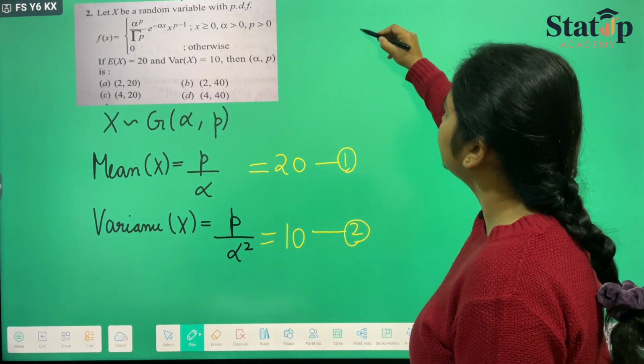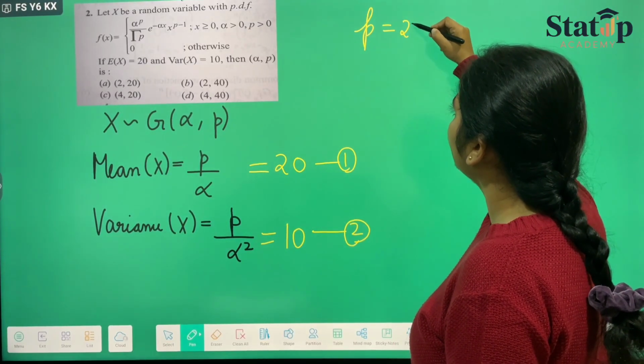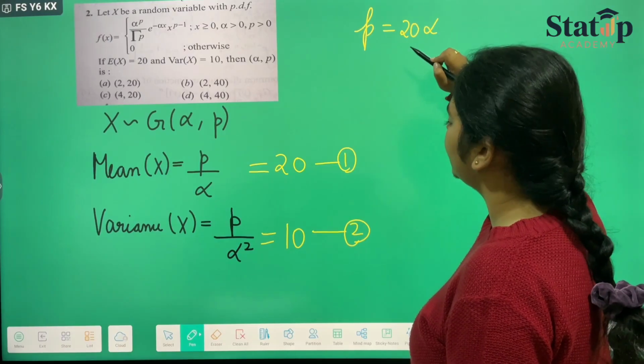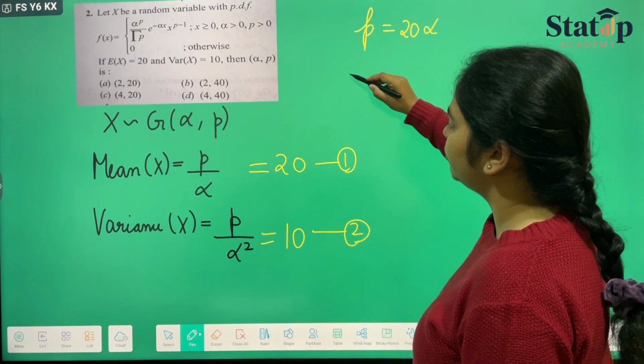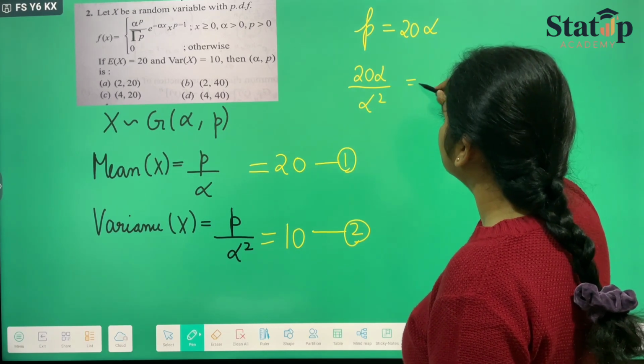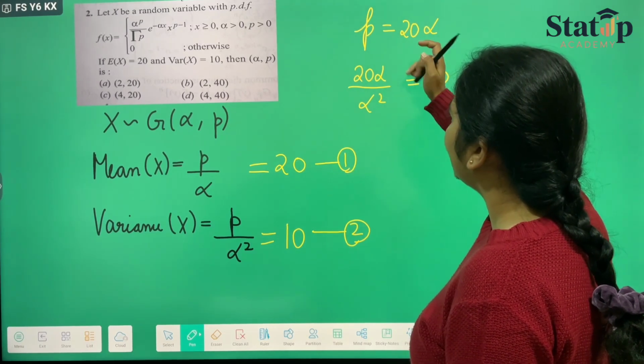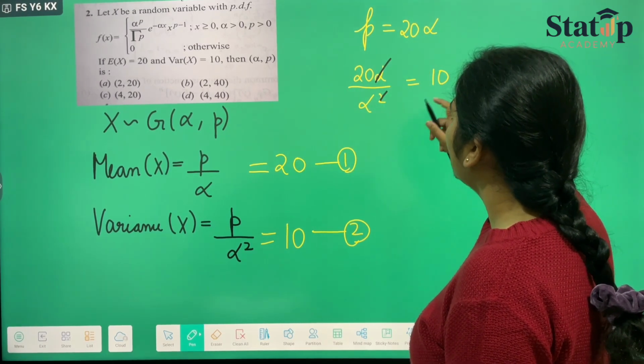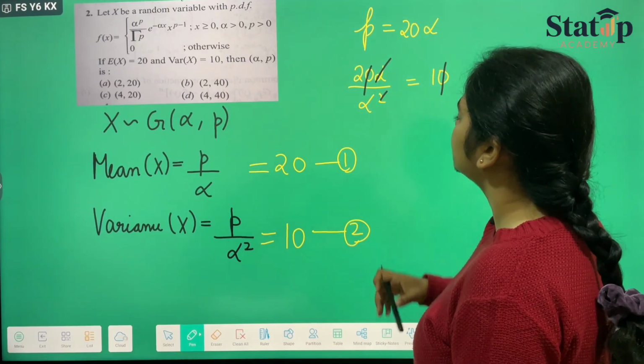So if we take p is equal to 20 alpha from equation 1 and put the value of p in equation 2, 20 alpha upon alpha square is equal to 10, then alpha and alpha will get cancelled and 1 0 will get cancelled from here.